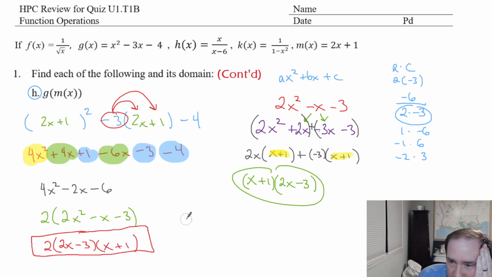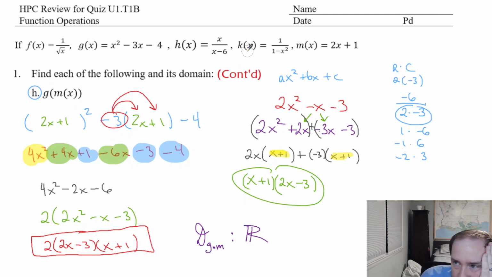Anyway, the good news is the domain's a piece of cake, because like I said, the domain of G composed with M, even just as you look at this expression, this is still just a quadratic. So your heart should assume it's going to be all reals. But again, be careful. Don't trust the rule. We've seen plenty of rules that had sort of secret hidden domain restrictions.